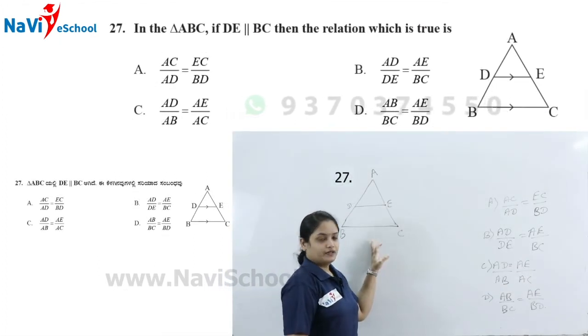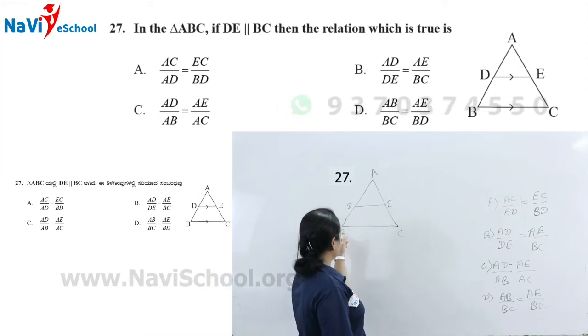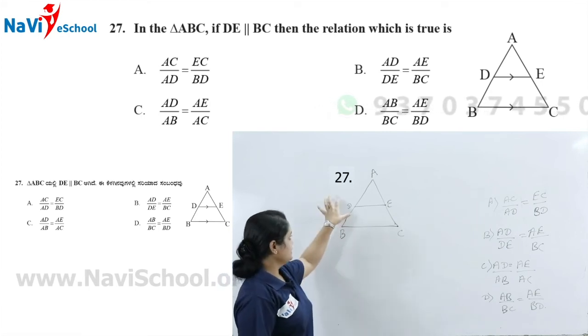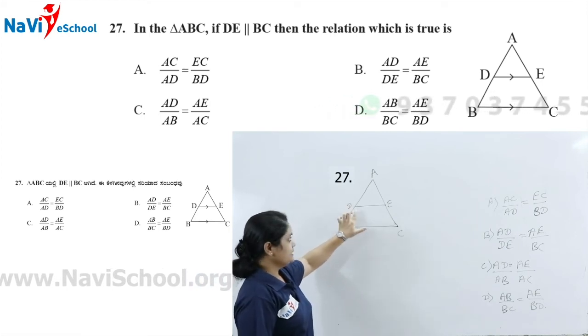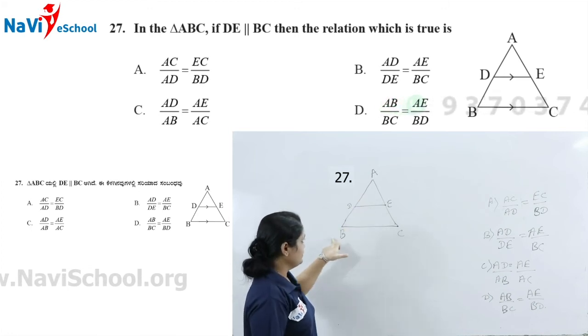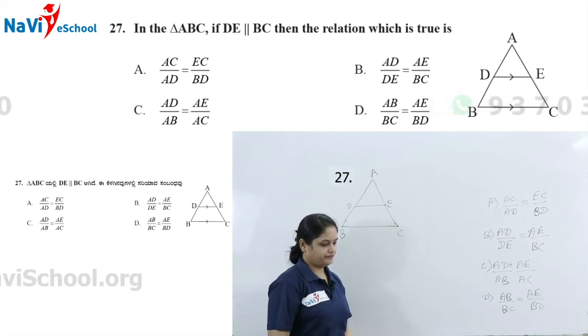See here, they have given you a triangle that is ABC. And here D is a midpoint on the AB and E is a midpoint of AC.